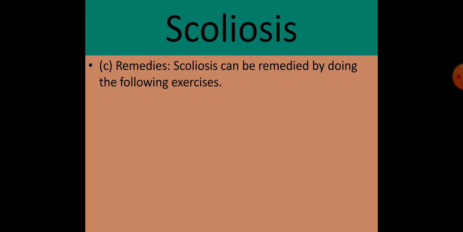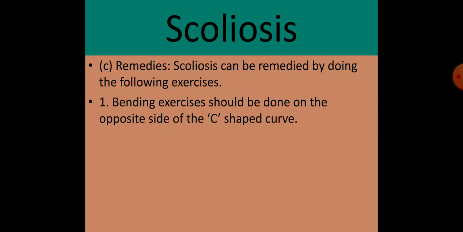Remedial measures, we will discuss how we can cure, curative measures. Scoliosis can be treated by doing the following exercise. Bending exercises should be done on the opposite side of the C-shaped curve.